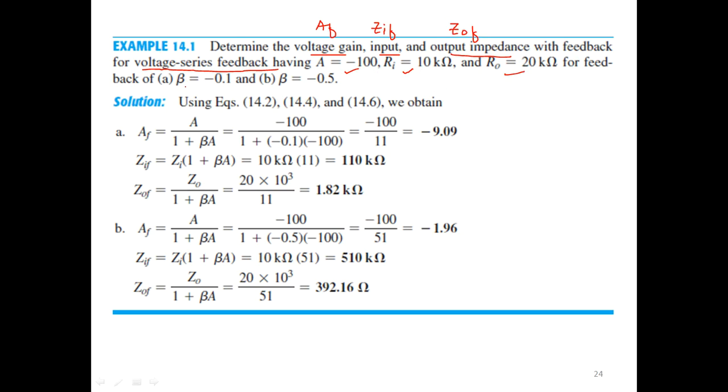You will have to do it considering two feedback parameters: the first case is -0.1 and the second case is -0.5. Again it's purely a substitution based problem, provided you remember these equations. You can do it at home, so try to solve it.